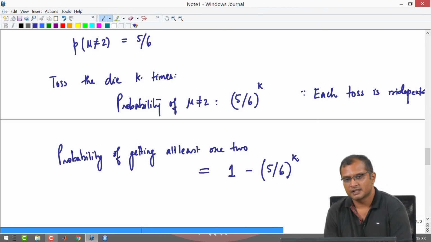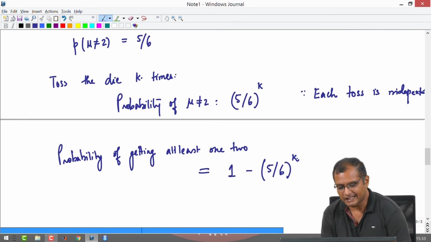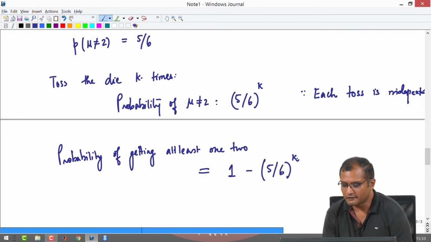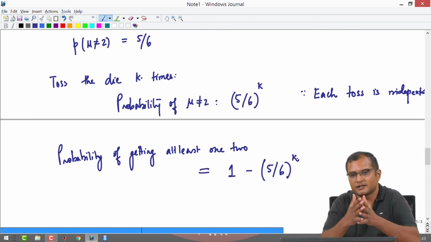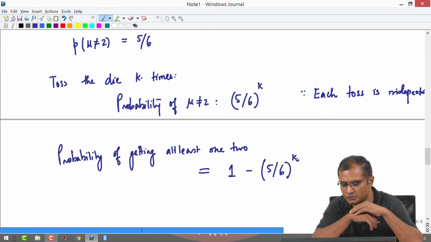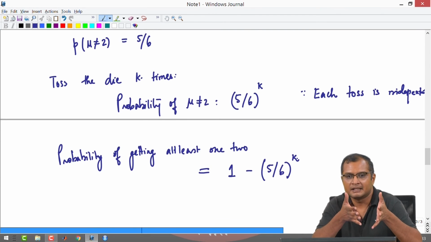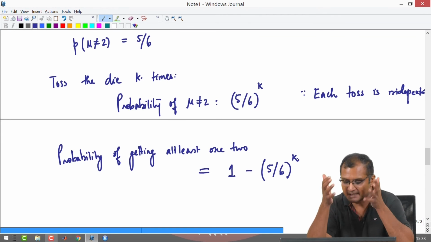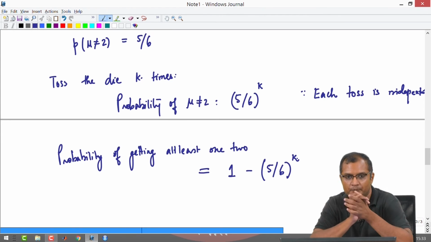So, what you have done is, instead of tackling your problem directly, you have basically divided your sample space into two sections. One is you get no 2s, and the other section is basically you get at least one 2.